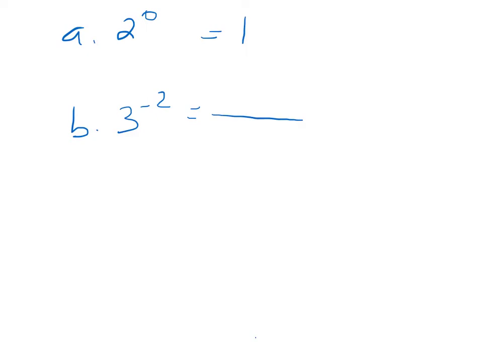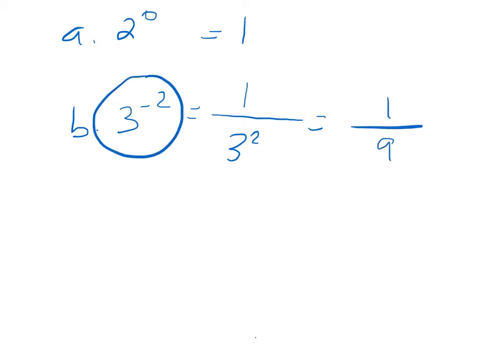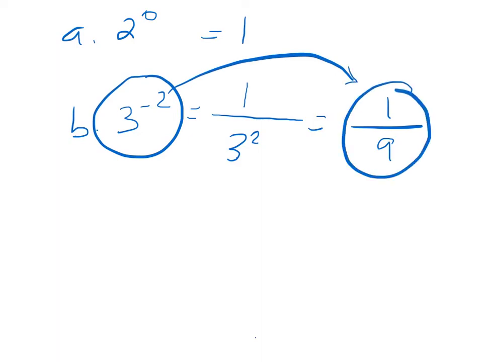Put that right there. Our numerator will always be 1, and the denominator here will be this exact number, just minus. So 3 squared, down here 3 squared, 3 times 3 is 9. So I'll have 1/9. So this number equals 1/9.